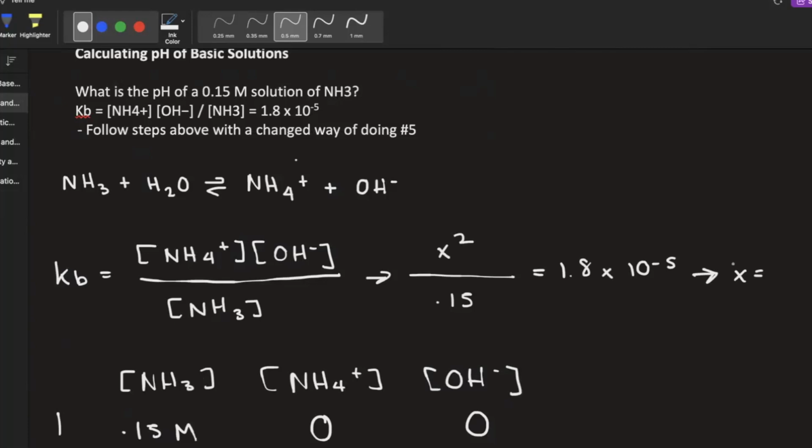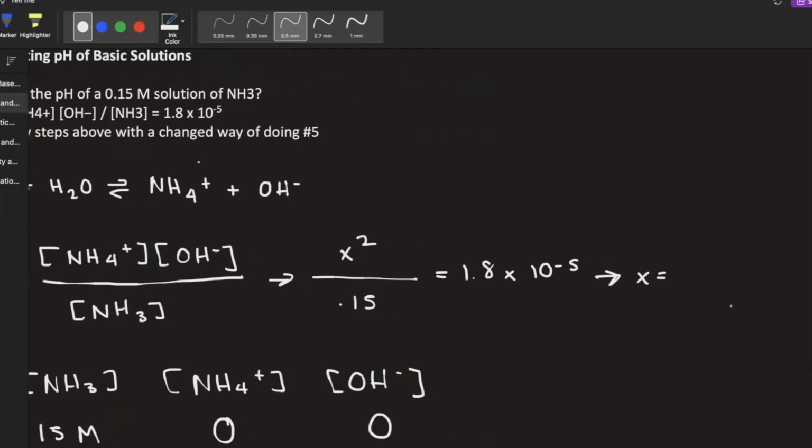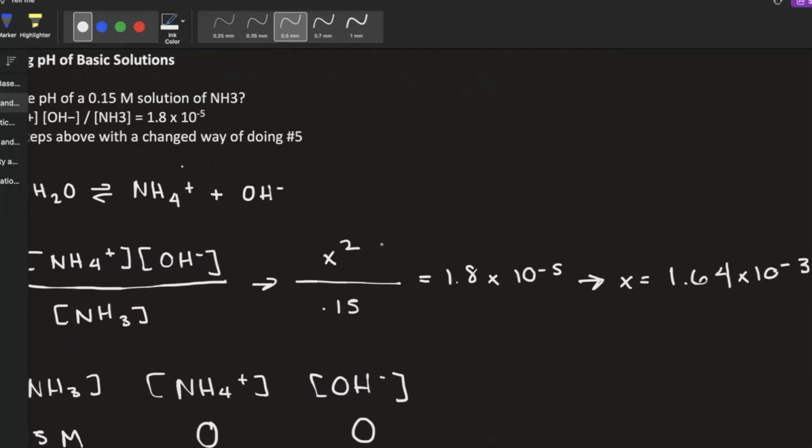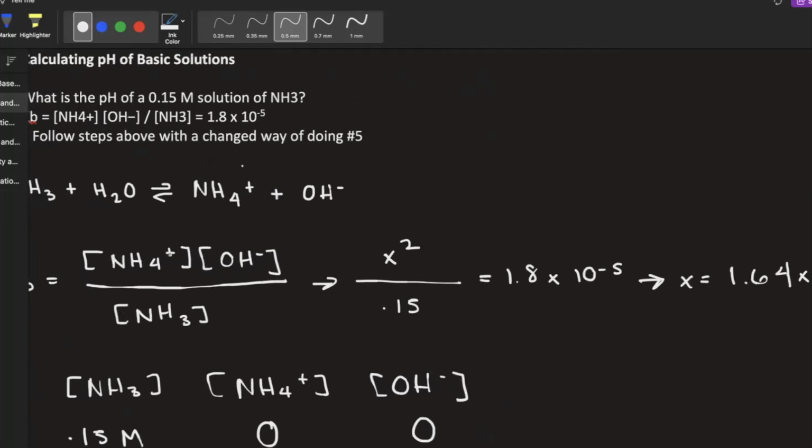And we're just going to square root that number to find X. And we're left with 1.64 times 10 to the negative 3. This is our concentration for our NH4 plus and OH negative.